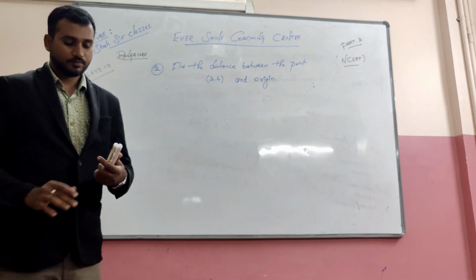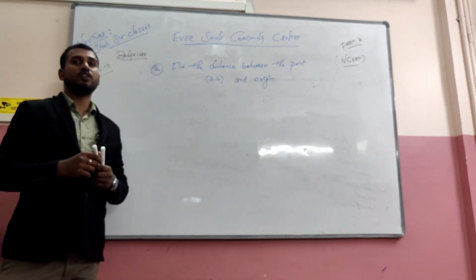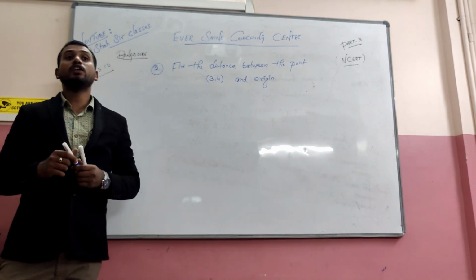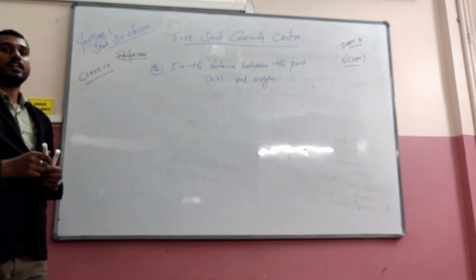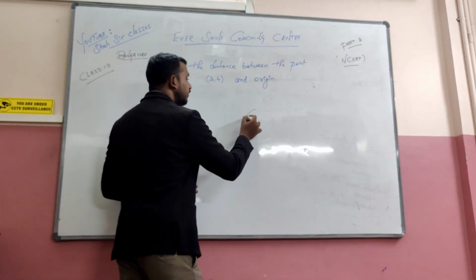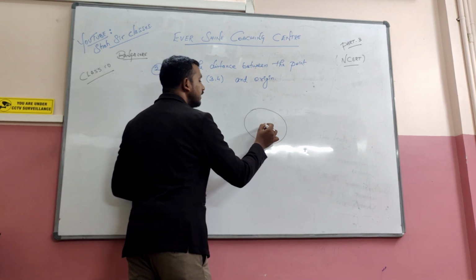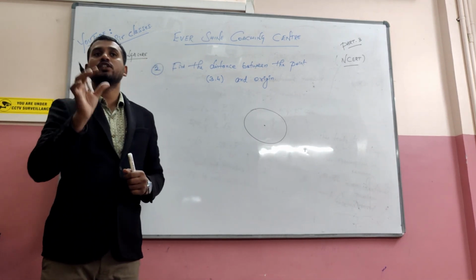Okay, see here. Now, here they are asking us to find the distance between the point 3, 4 and origin. So, what do you mean by origin? Center of the circle. Origin का मतलब क्या बेटा? If this is a circle, this center is called the origin. So, what are the coordinates at origin?